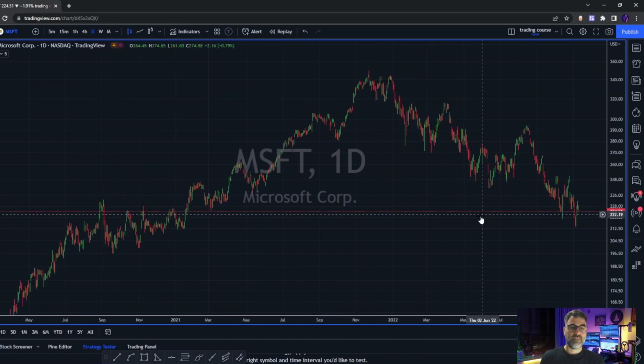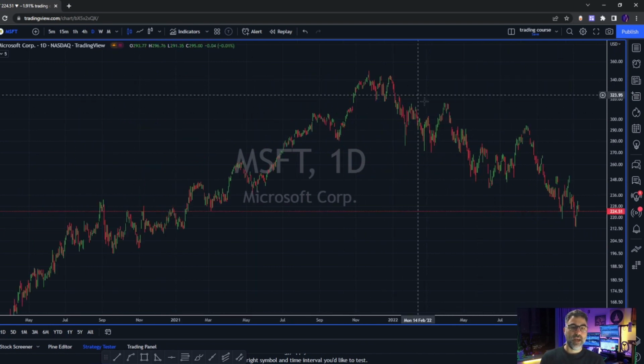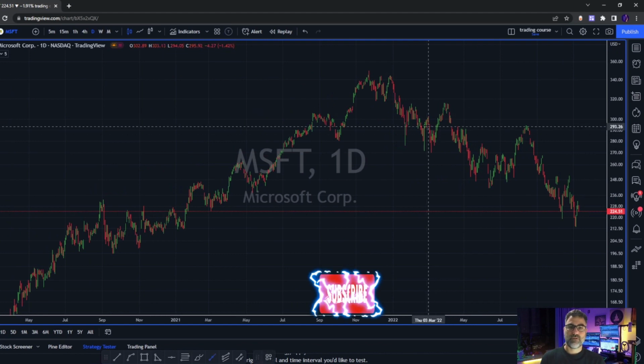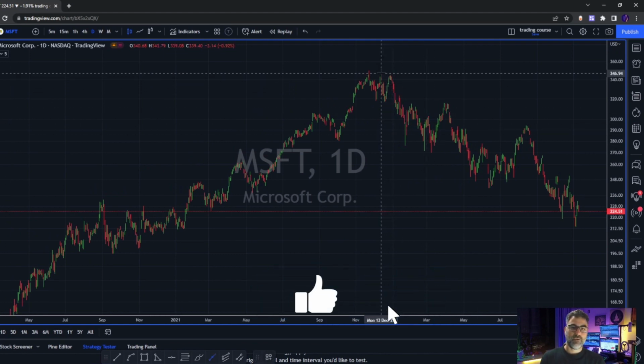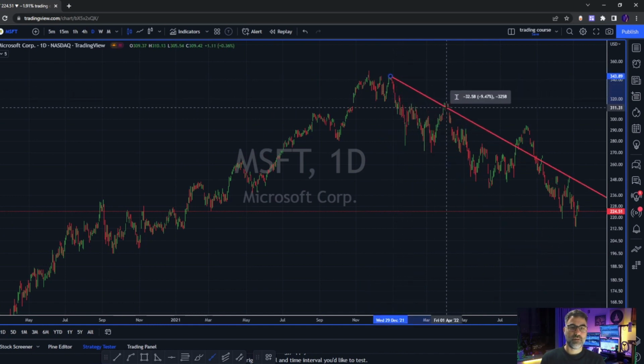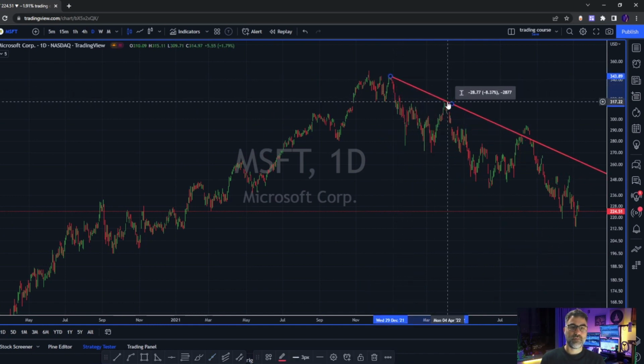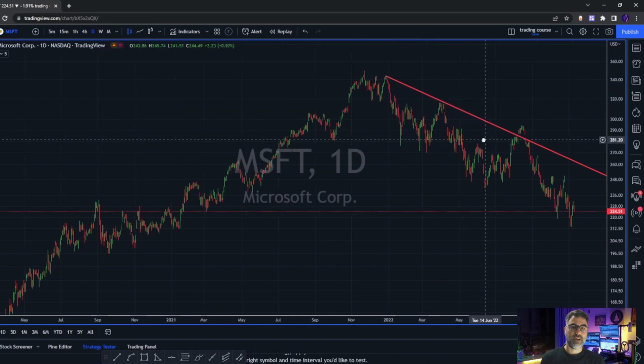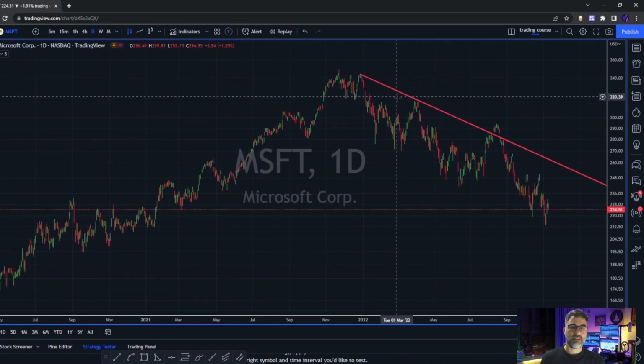So we can identify lows and highs with trend lines. If we take this trend line from this point to this point, we can see that this trend line is a resistance for price.